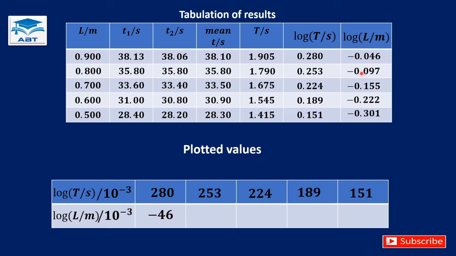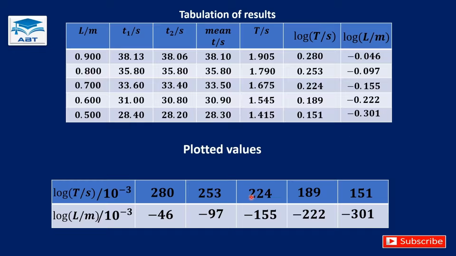The next value, we move the point 1, 2, 3 to the right and we have negative 97. The next values are negative 155, negative 222 and negative 301.